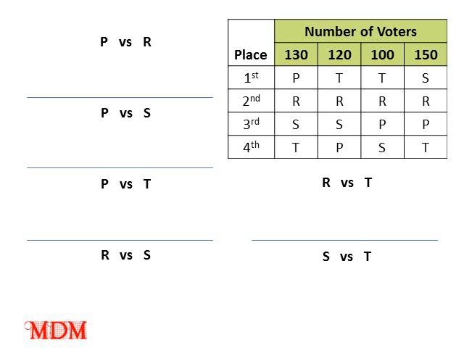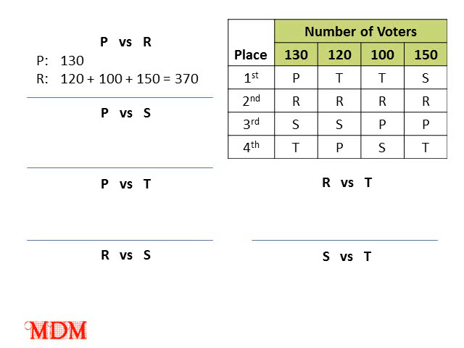So as we put Paul against Rita, we'll see that Paul has 130 votes to Rita's 370. Again, very quickly, looking at the first column of votes, the first ballot, Paul is ahead of Rita, as you can see. So those 130 votes go to Paul.